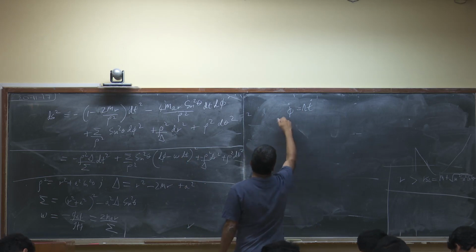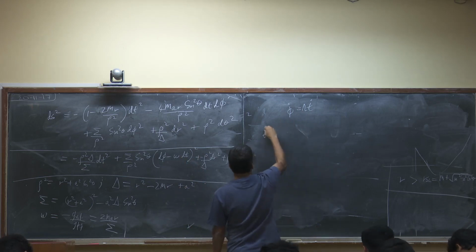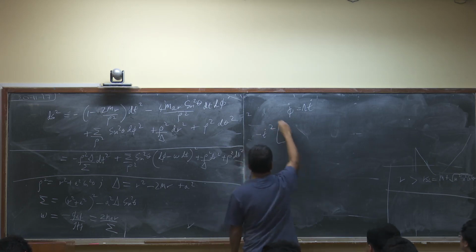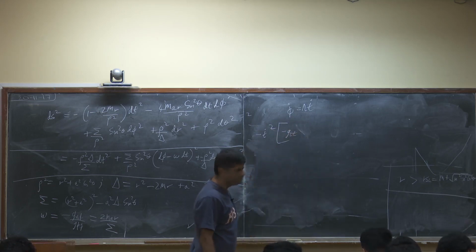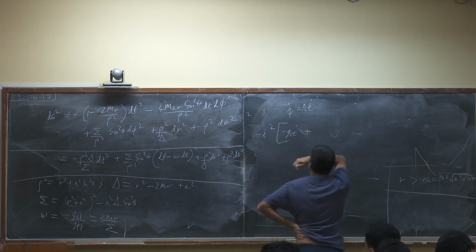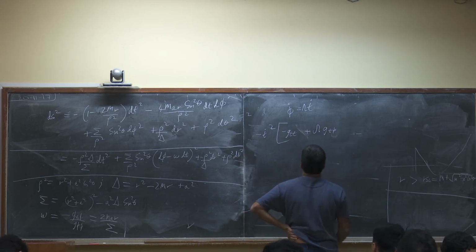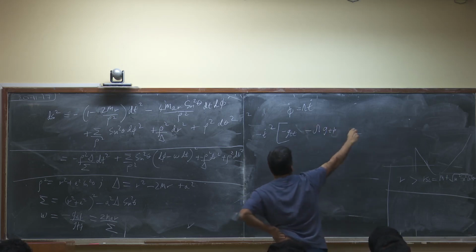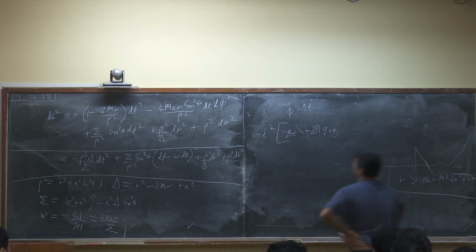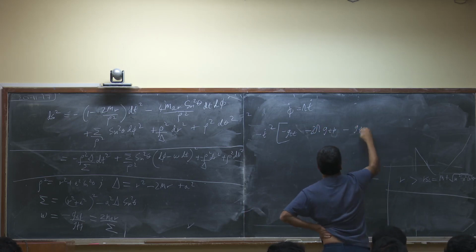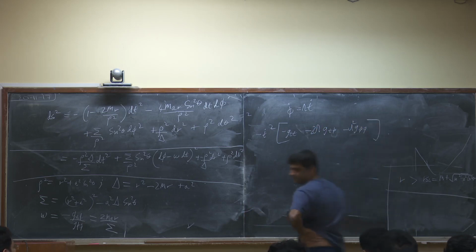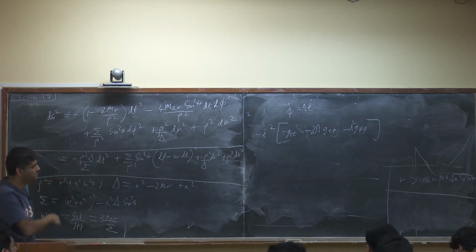So we get t dot squared times minus g_tt, minus 2 omega g_t phi, and then minus g_phi phi omega squared.